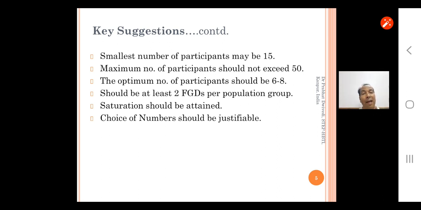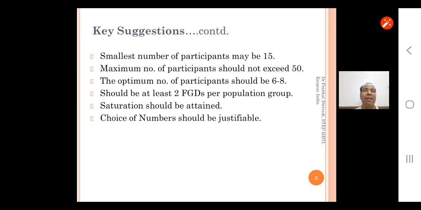And again, I am reiterating the point that theoretical saturation should be attained. The researcher should ensure that as many FGDs and in-depth interviews are conducted as are needed to draw theoretical saturation.